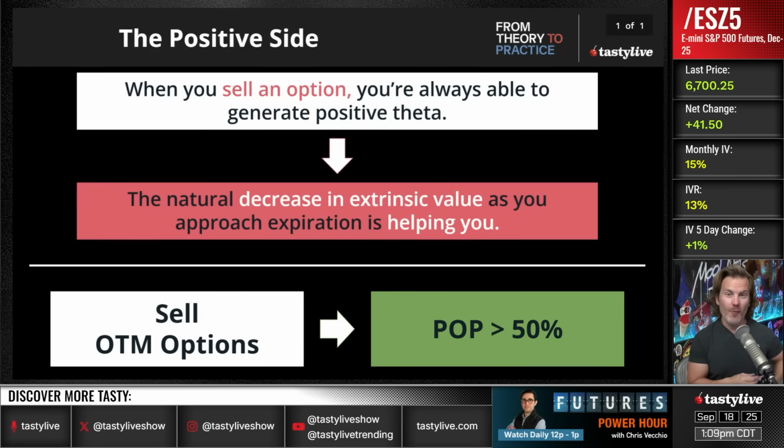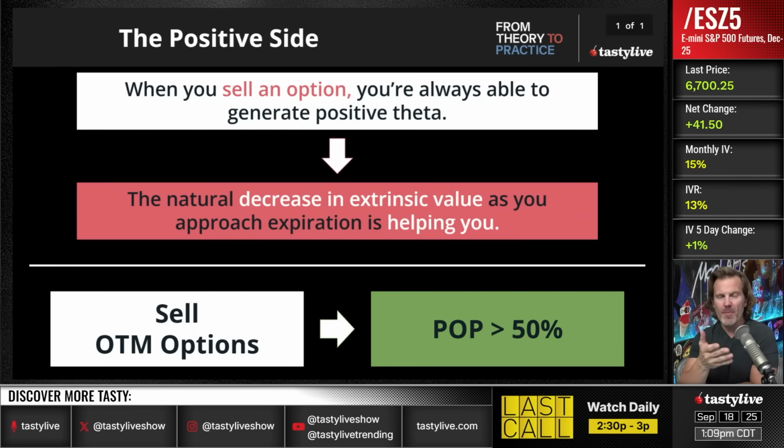Okay. The reason why that is the case is exactly what we've just talked about over the course of the last 4, 5, or 6 minutes. Probability of profit being greater than 50% for an out of the money option. The sole reason why that is the case is because those options have positive theta. In other words, I don't need to get the direction right.